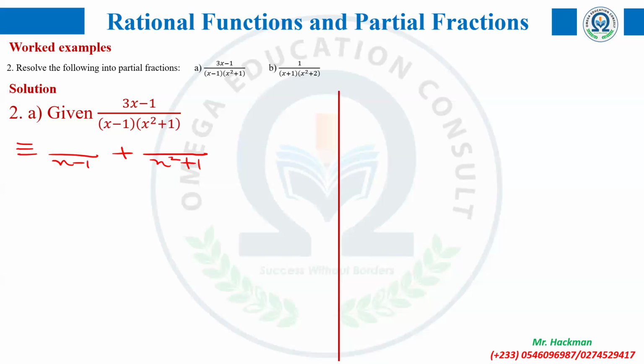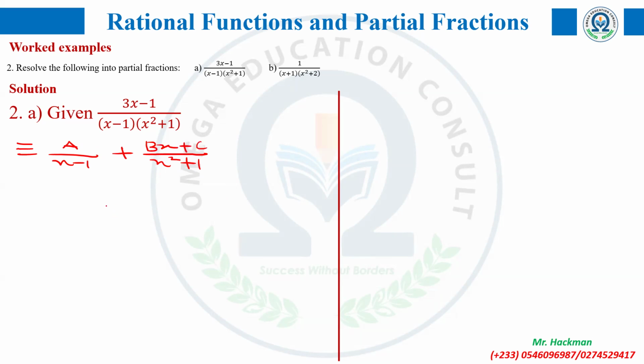Yes, sir. Now you go to the numerator of each of the fractions. Because this is linear, the numerator will be a constant, so a constant A. This is quadratic, and its numerator will be linear, so it will be Bx plus C.